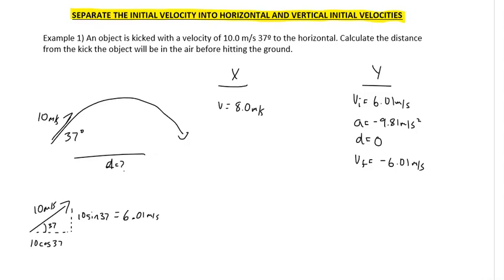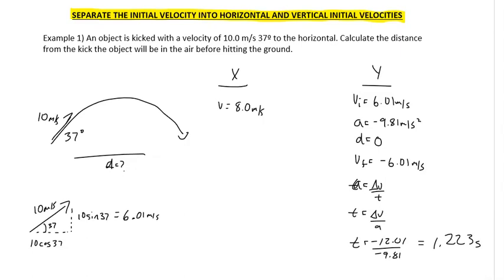So finding the time in the air, a is equal to delta v over t, or t is equal to that change in velocity over a. That change in velocity is negative 12.02 over an acceleration of negative 9.81.